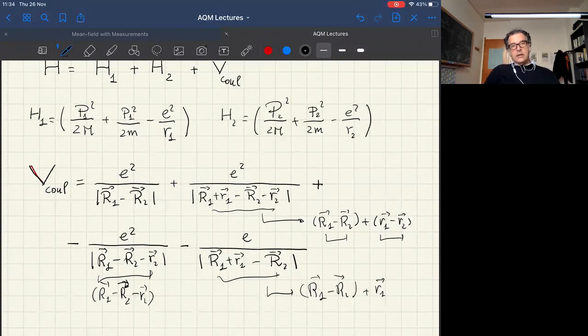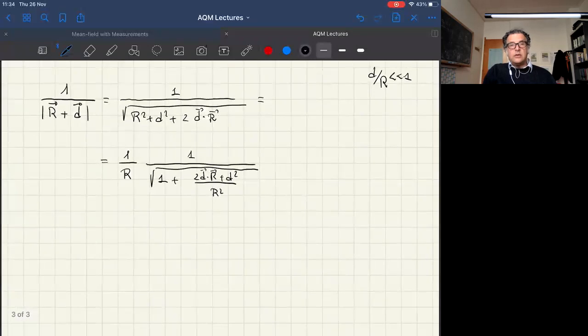So you see that the important thing is that you have all these 1 over distances in which you have R1 minus R2 plus something, a distance which is small as compared to R1 minus R2. Okay, so in all these 3 cases, the denominator that we have to consider is of this form. So D can be R1, can be R2, can be R1 minus R2.